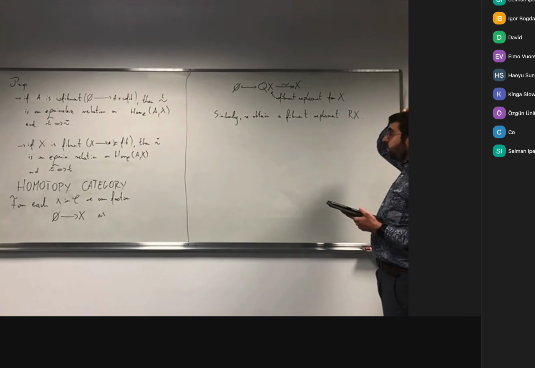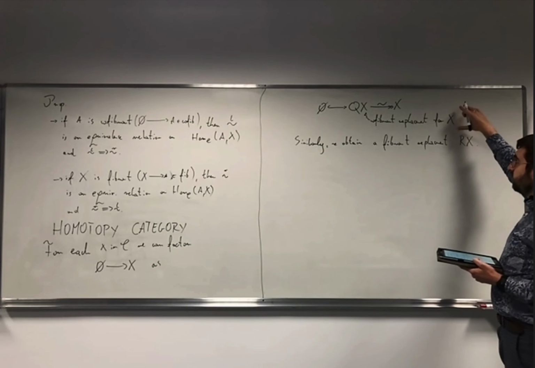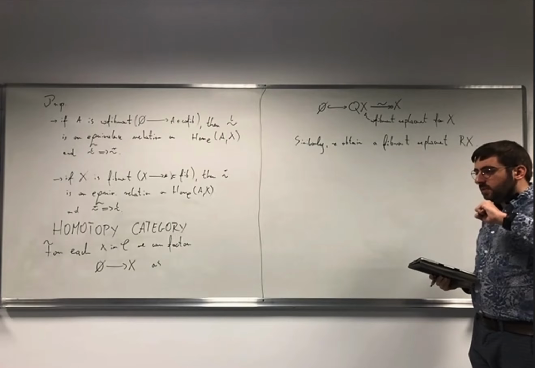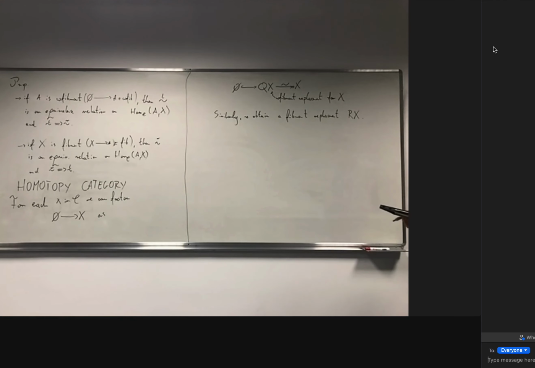Right now we defined the cofibrant replacement only for objects, but it will also give us a sort of functor to some other category. To do this, we need to see what the cofibrant replacement is doing on maps.